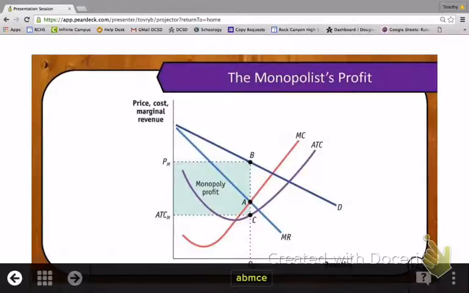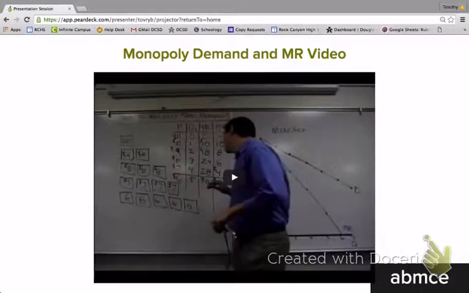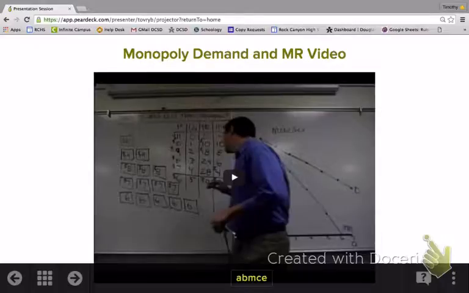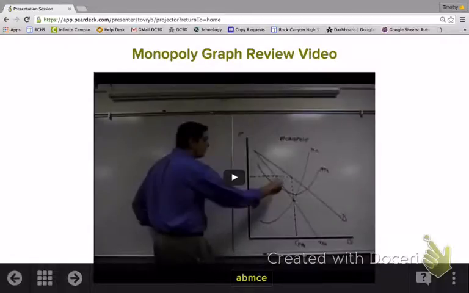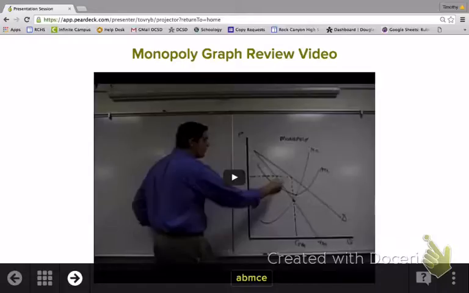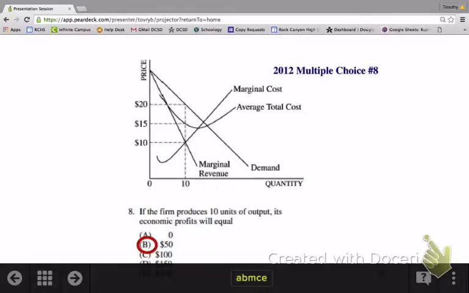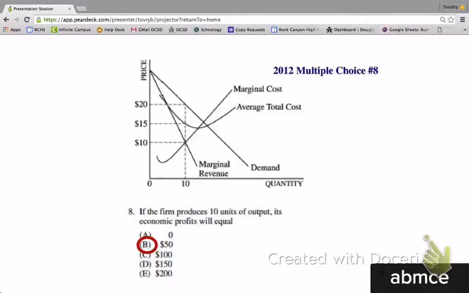So this is what we think of as the classic monopoly graph, and we'll come to this in a second. Here is another video from Mr. Clifford on monopoly demand and marginal revenue. So you can watch that at ACDC Econ. Here's another video on monopoly graph review. Here's an activity we'll do in class on monopoly graphs. Here is a practice question from the 2012 multiple choice section of the AP exam that you may wish to try for practice.